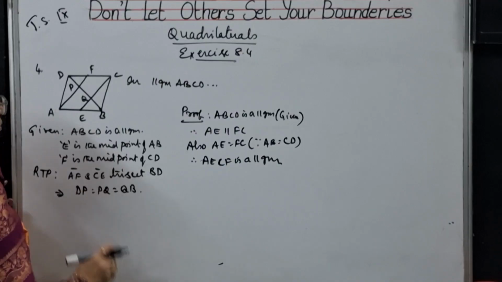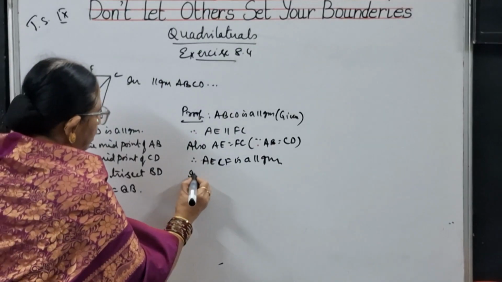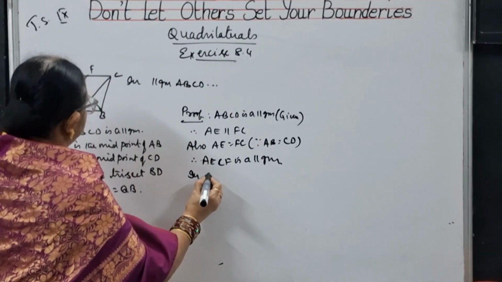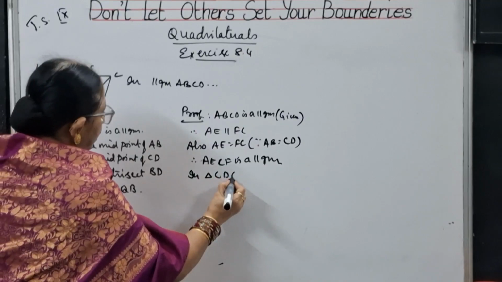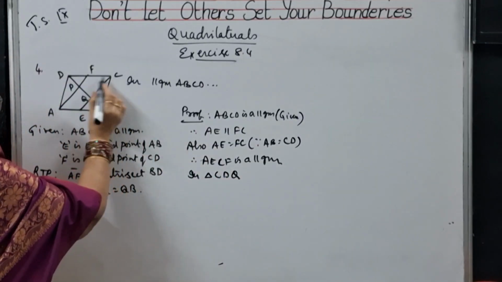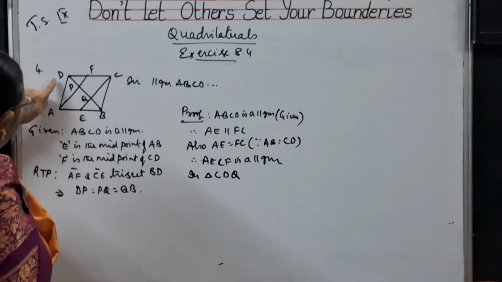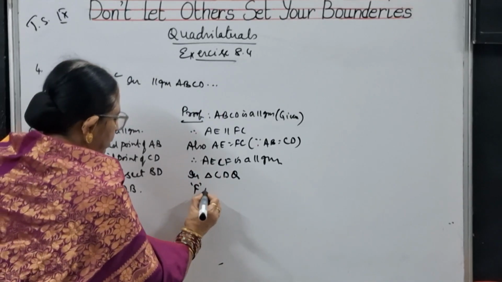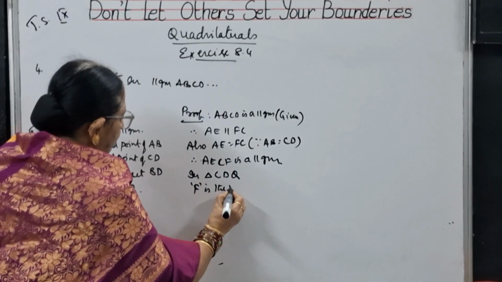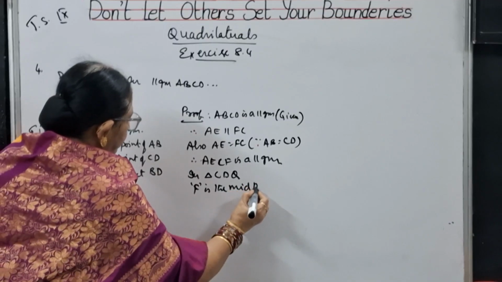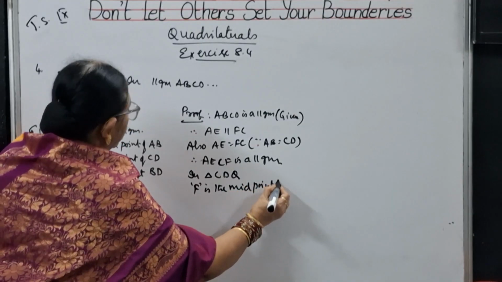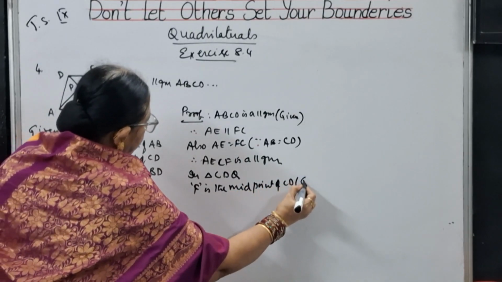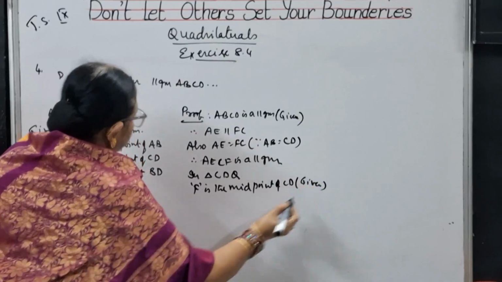Now let us take triangle CDQ. In triangle CDQ, observe this, children. F is the midpoint of CD. This is given to us.